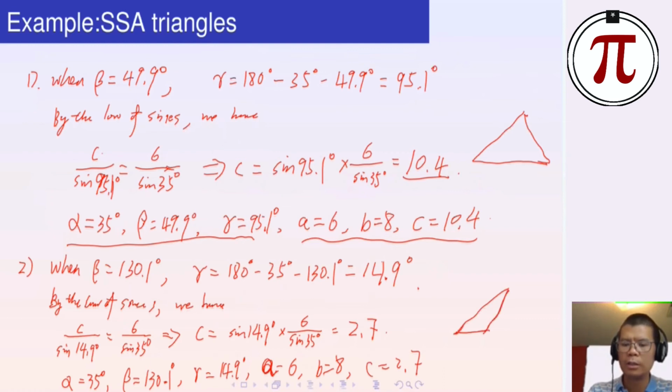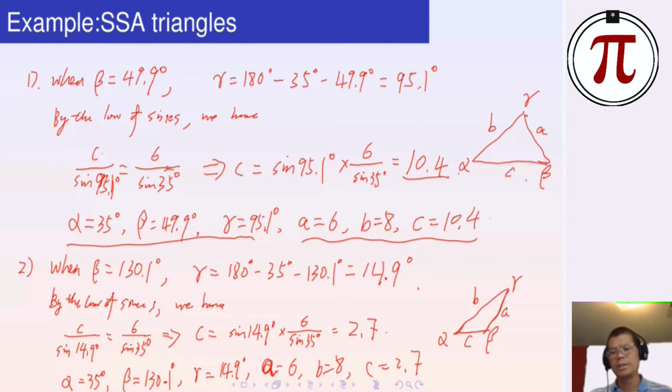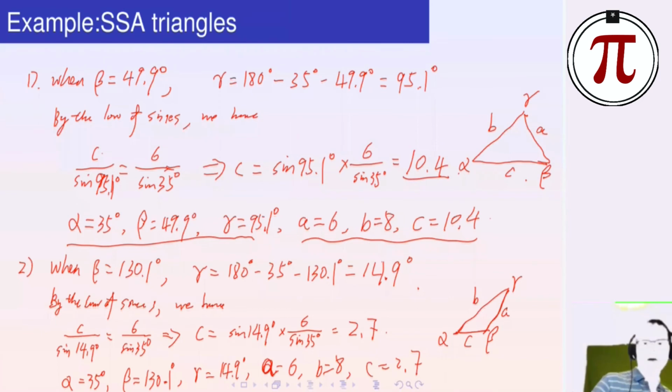This is alpha, this is beta, this is gamma, this is A, B, C. Yes, so two different situations. Okay, let's go through this question.